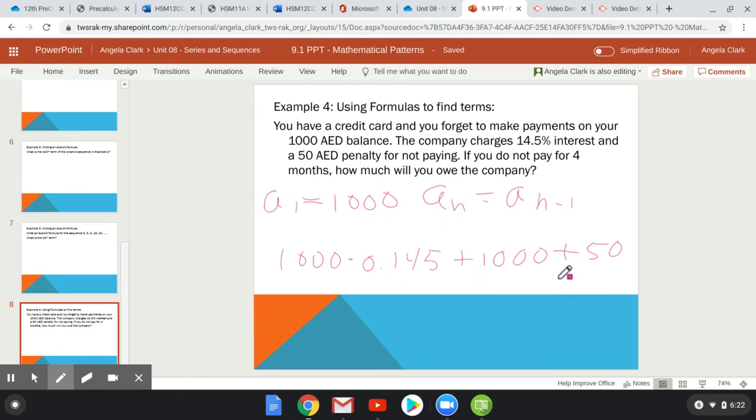So I can simplify this down, right, to 1,000 times 0.145 plus 1 plus 50. So that's 1,000 times 1.145. And this might be looking a little bit familiar. You might be saying, that's kind of like what we were doing when we did exponential, except for we never had this extra thing that we're adding out here.